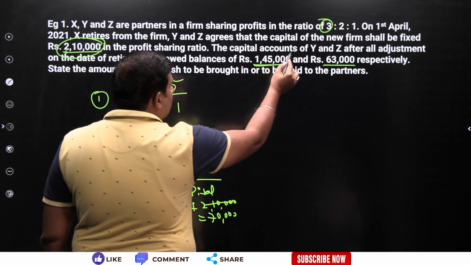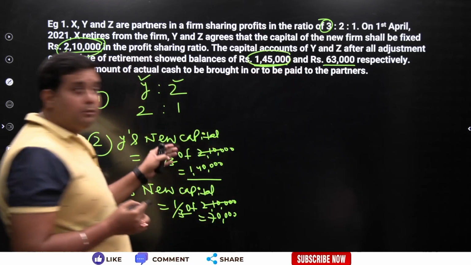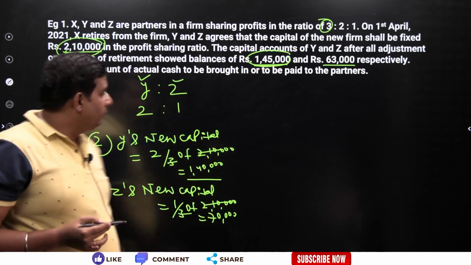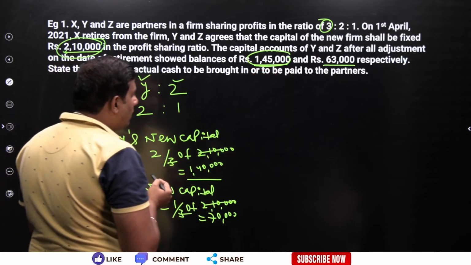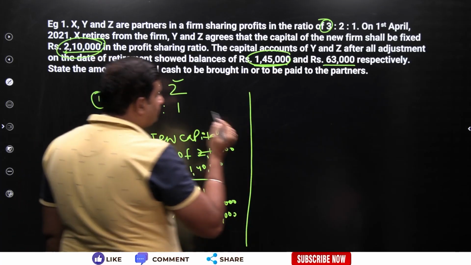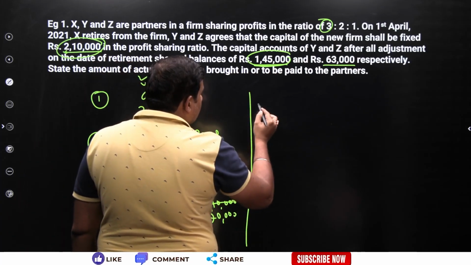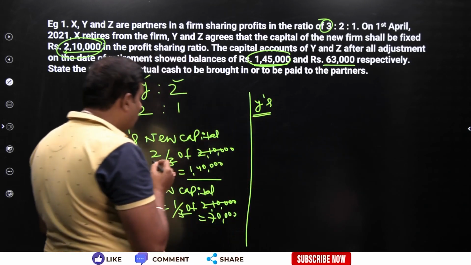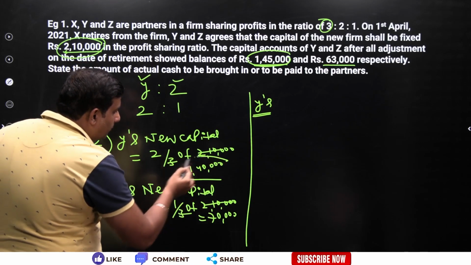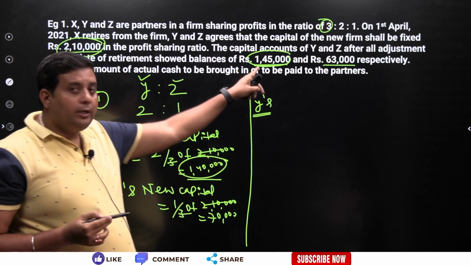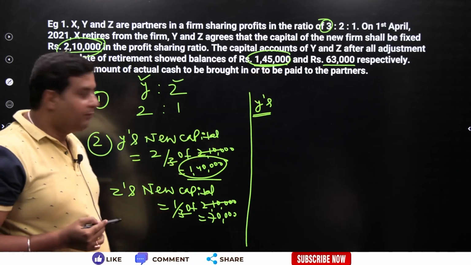And there was an available amount of 1,45,000 for Y and 63,000 for Z. So now we need to make some adjustment. As far as Y is concerned, he's supposed to have 1,40,000 as capital, but he already had 1,45,000.